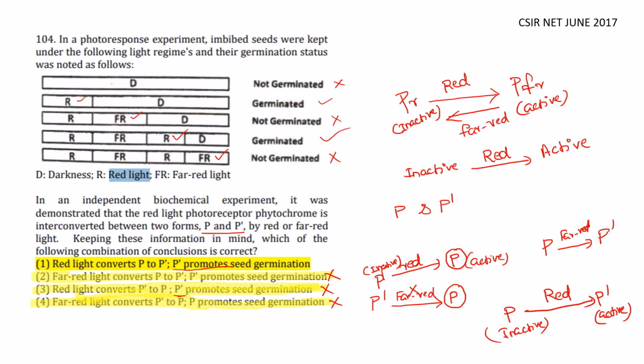Yes, here it is given P dash is promoting seed germination. This active form P dash promotes seed germination. So option 1 is correct. The correct answer is option 1. Red light converts P to P dash and P dash promotes seed germination.